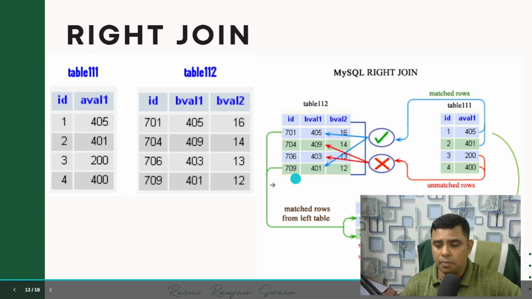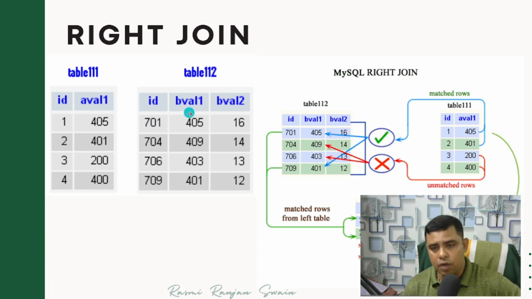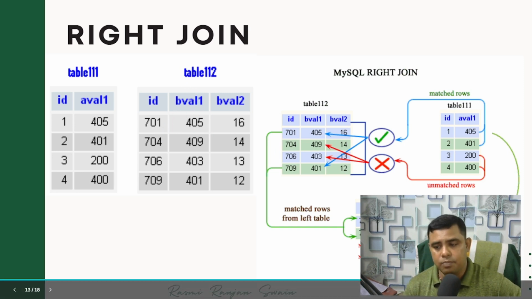So when combining these two tables, it will return all the data from table 112, because we are using the right join. It will extract all the data from the right table, table 112, and the matching data from table 111.